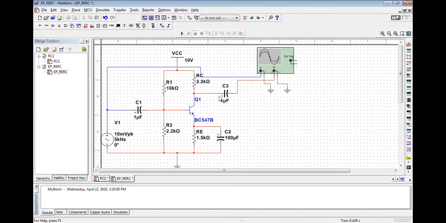Fine. Now what I am doing in the practical session, I am going to put two more instruments. One is known as a function generator at the input side of the transistor, and I am going to put a CRO at the output side of the transistor. Here in this CRO, you can see there are two channels, A and B. Channel A is connected to this blue wire at the input side.